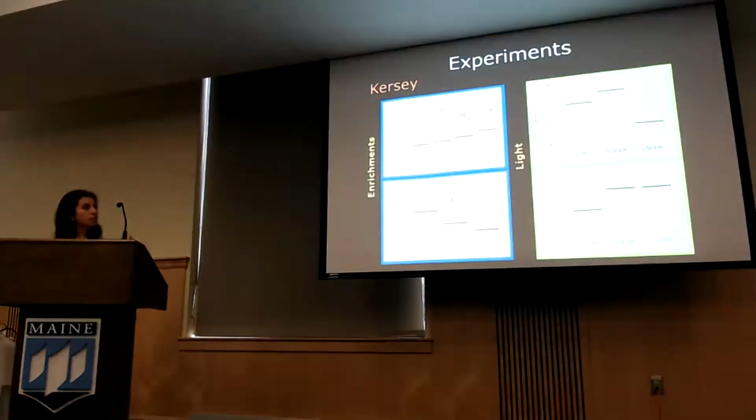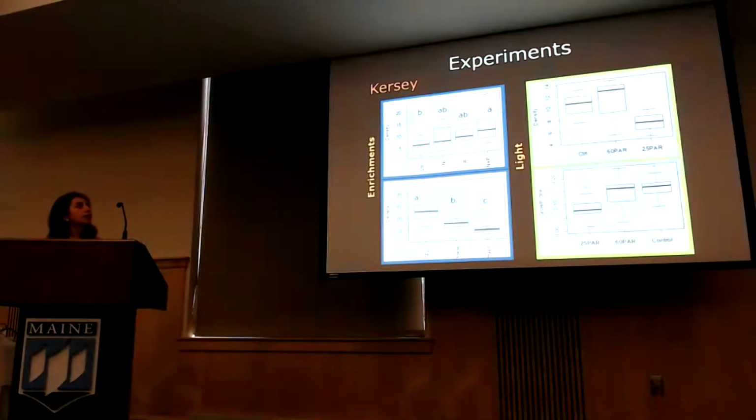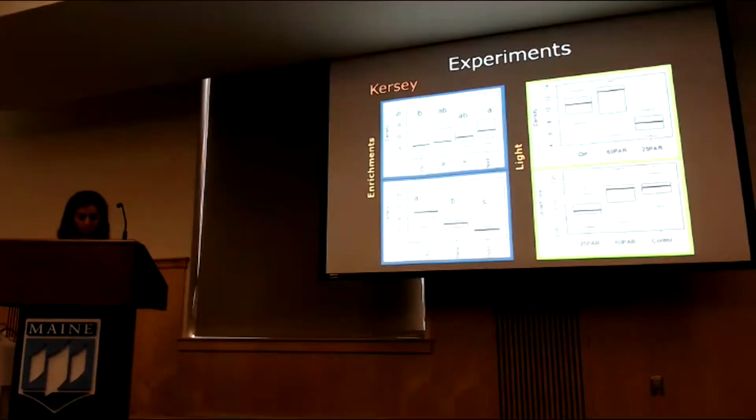and from the experiments that were only done using water from Kersey and from Beauty, the most significant changes are between the addition of nitrogen and phosphorus versus the sample that doesn't have any nutrient addition. And the most significant effect was found for the location.